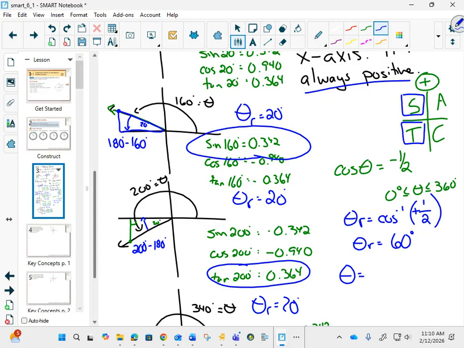Well, quadrant 2 would be 180 minus 60, so my answer would be 120 degrees. In quadrant 3, if my reference angle is 60, I'd go 180 plus 60. My answer would be 240 degrees. So a little review of trigonometry in grade 11.